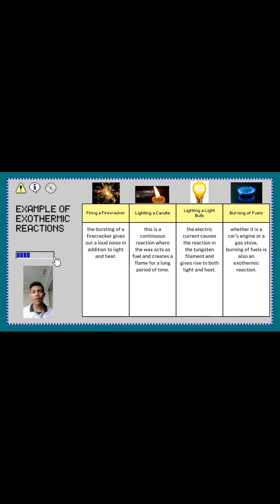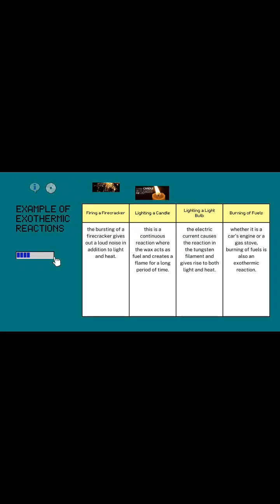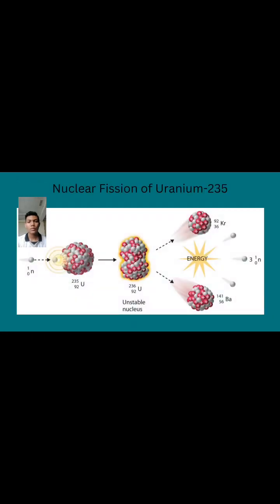Same goes to lighting of candle, lighting of bulb, and burning of fuels. The other example of exothermic reaction is the fission of uranium-235. This undergoes exothermic reaction because when the fission happens, it releases energy in the form of heat and gamma rays.